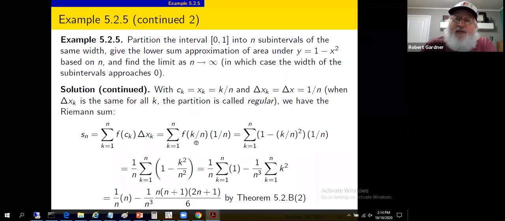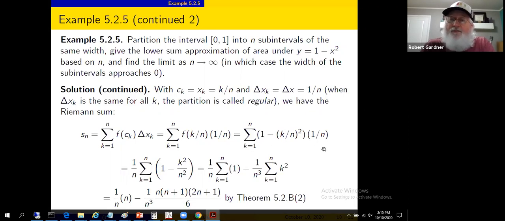So substituting in the c sub k value and the delta x value produces this. What's the function? We're dealing with a function, 1 minus input squared. We'll input k over n, so we get 1 minus k over n squared, parentheses, because I've substituted. So the Riemann sum at this stage is of this form.